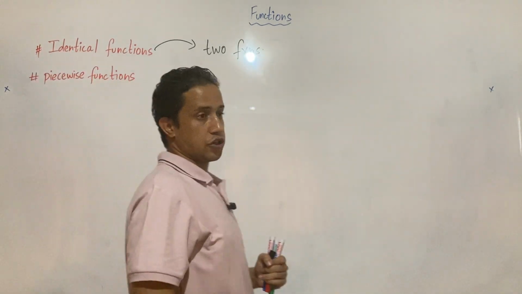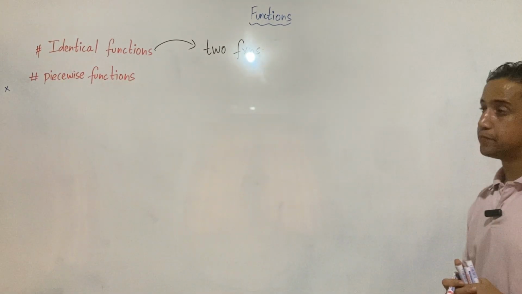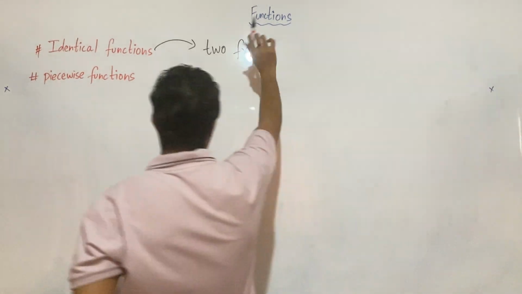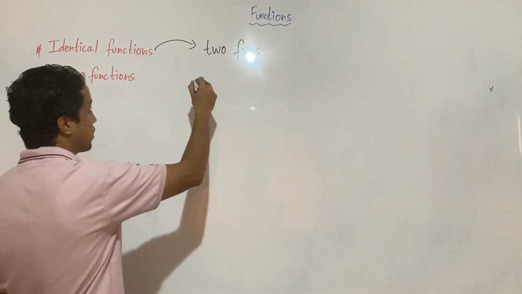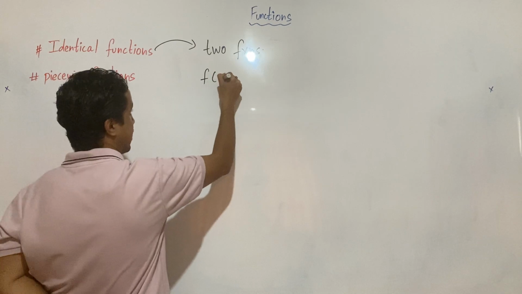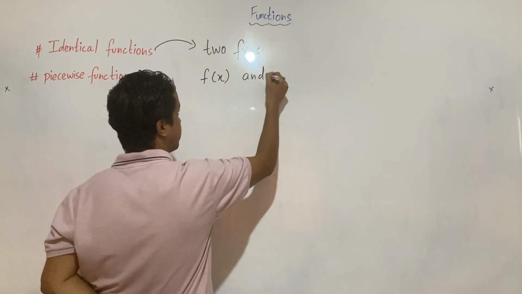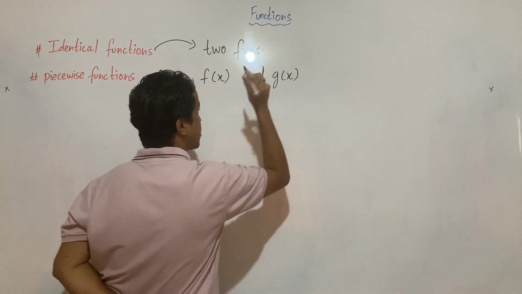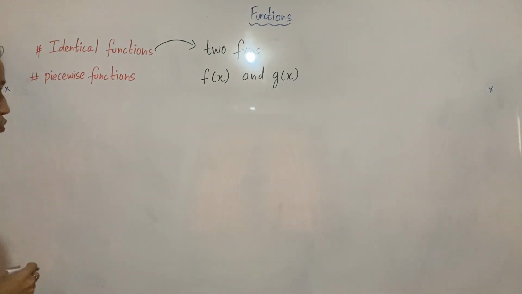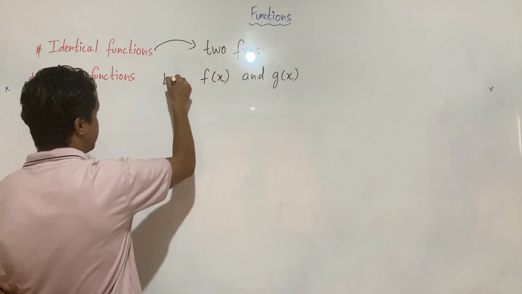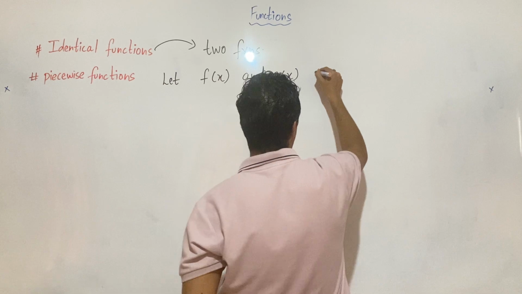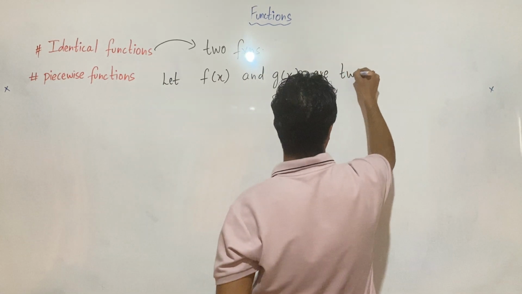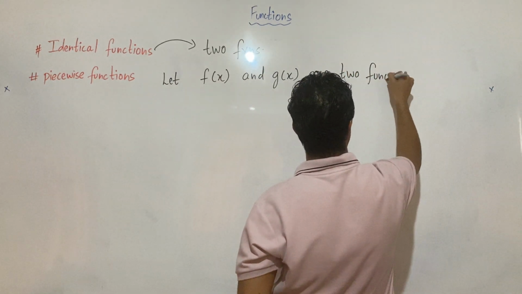So two functions are said to be identical. Let's say that we have two functions, f of x and g of x. Okay, these are the two functions. Let f(x) and g(x) be two functions.